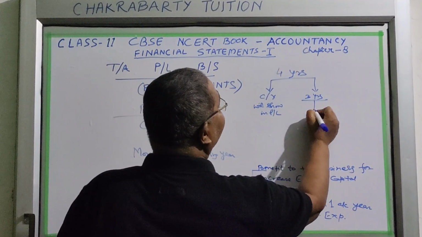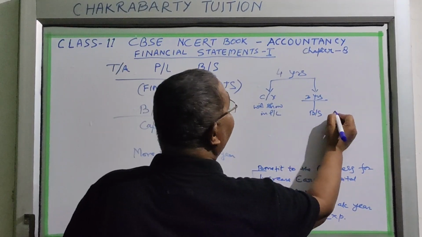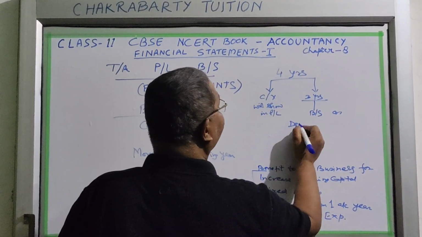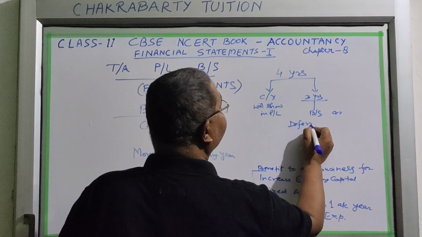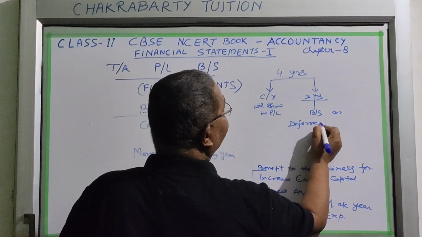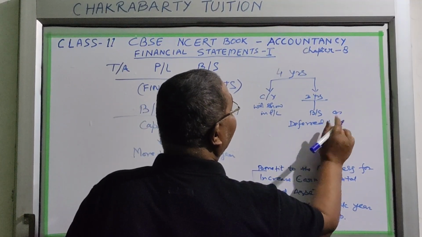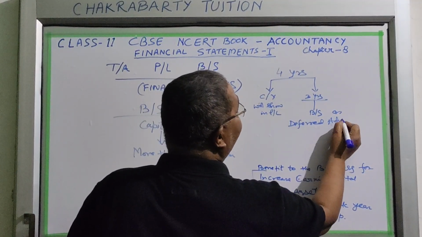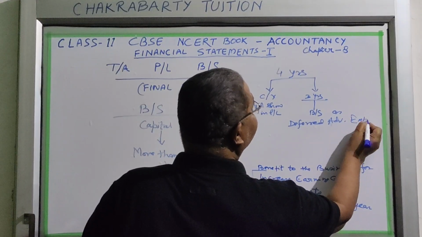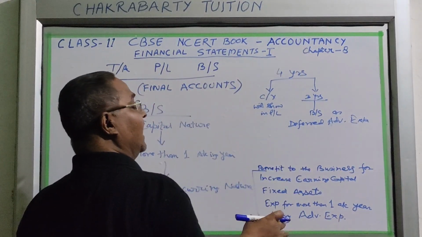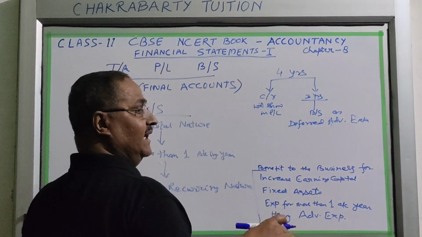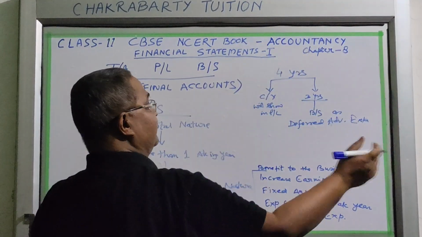Where will the 3 years go? It will go to the balance sheet as deferred advertisement expenses, deferred revenue. Deferred means the expenses which we are not incurring in this current year are deferred to the next year.